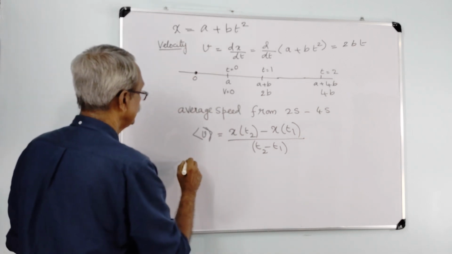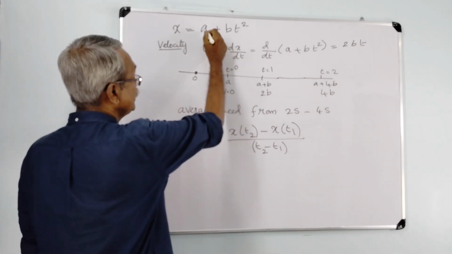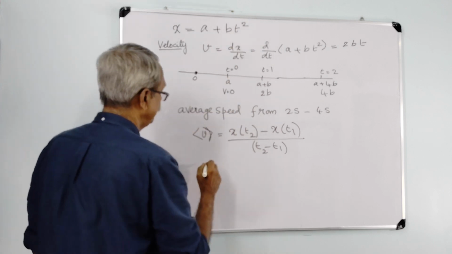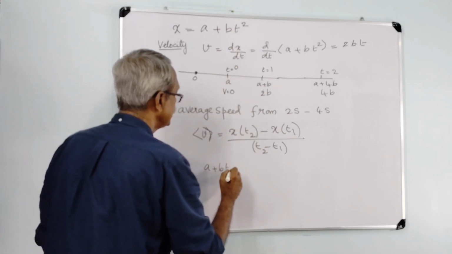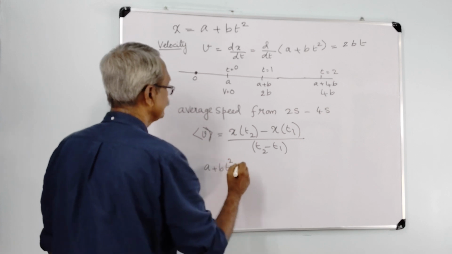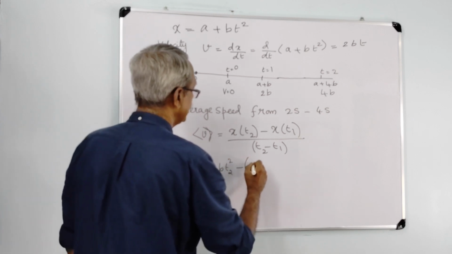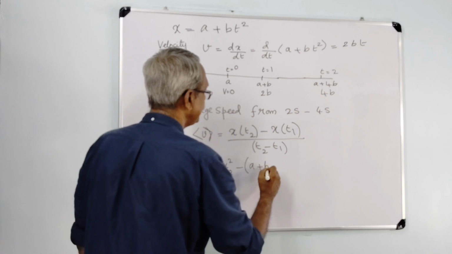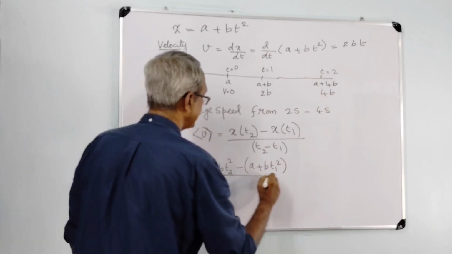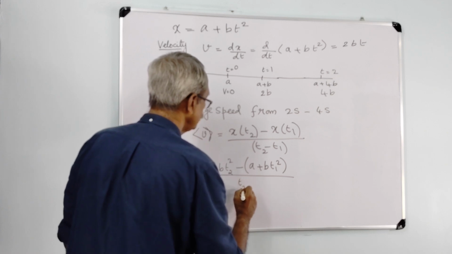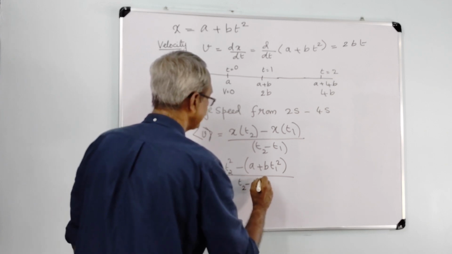Therefore, x of t2 is a plus b t2 squared, minus a plus b t1 squared, divided by t2 minus t1.